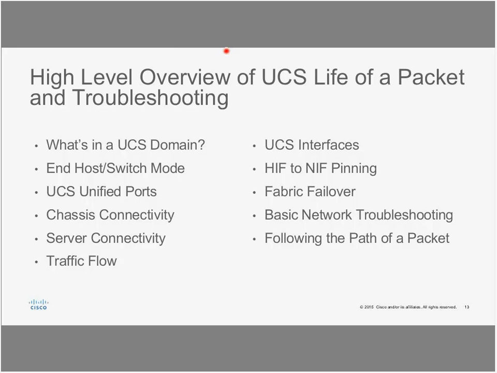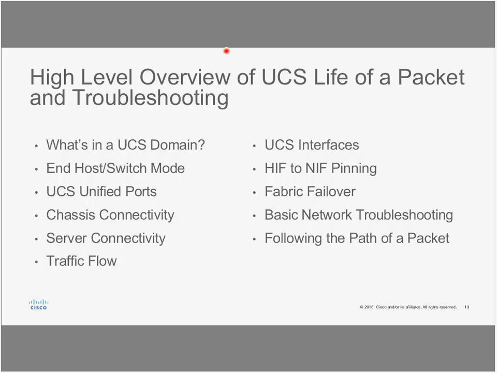Okay, so here is the list of things on the agenda. We're going to basically talk about the UCS domain. We're going to discuss the components of the domain and what that looks like. We're going to talk about the forwarding modes of operation, which are end-host mode and switch mode. We're going to discuss unified ports. We're going to talk about chassis connectivity and server connectivity.